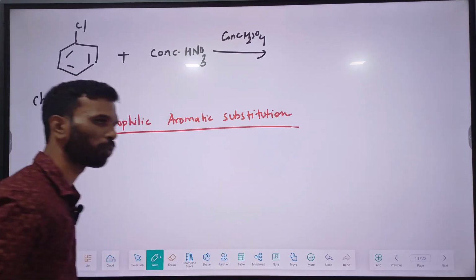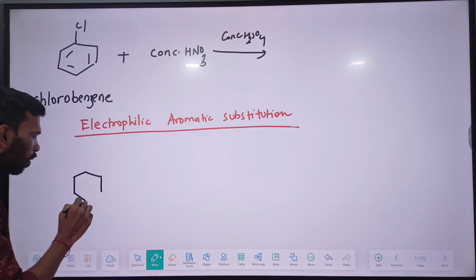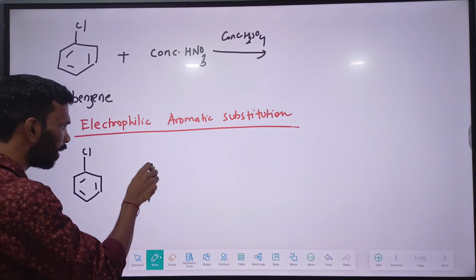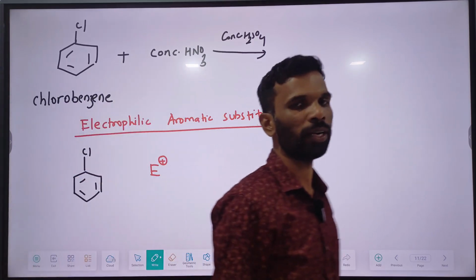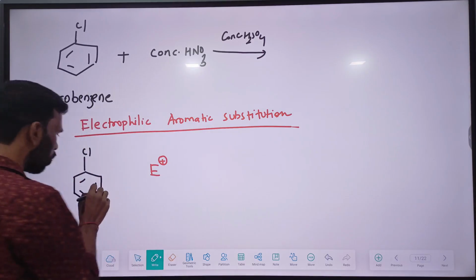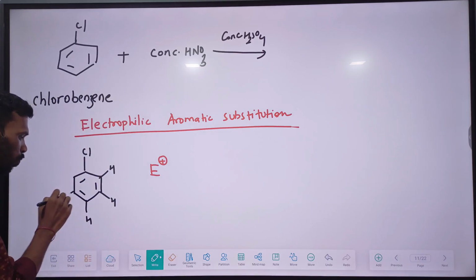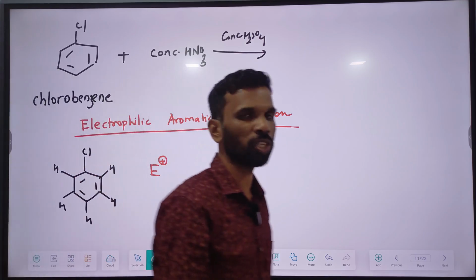This is your chlorobenzene, and let's say there is an electrophile E+. Electrophile means it is an electron-deficient species. Obviously the substitution will take place on the benzene. Remember, there are hydrogens over here, which we don't show in the structure. One of the hydrogens will be replaced.